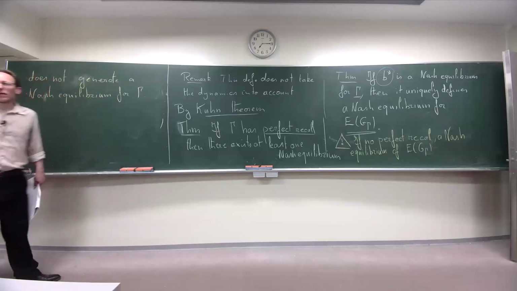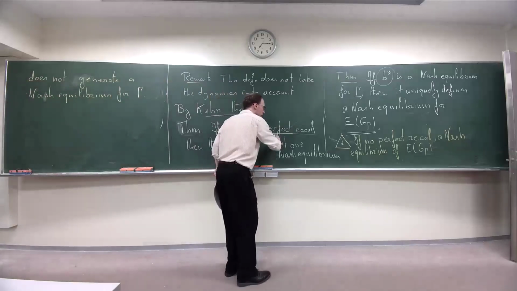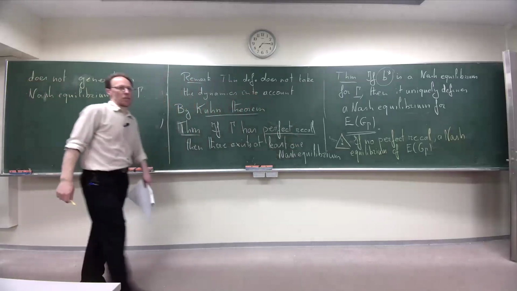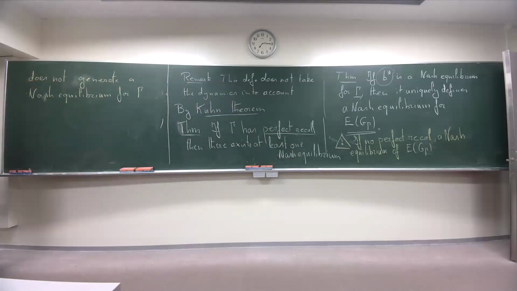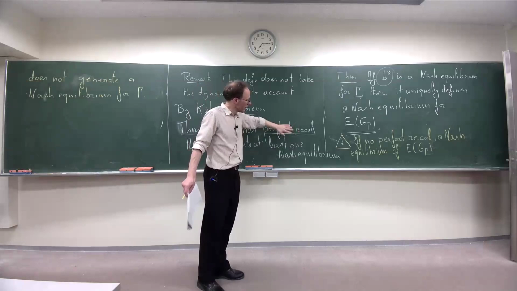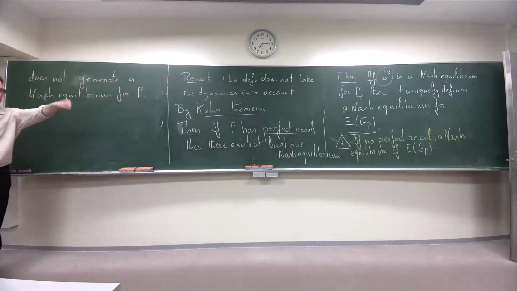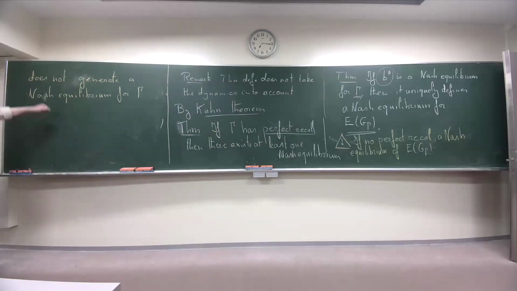And this is clear, because if not, there would be a contradiction in what I'm writing on the blackboard. If any Nash equilibrium of the mixed extension generated a Nash equilibrium for gamma, then I wouldn't need this condition. So this annoying condition means that a Nash equilibrium for a mixed extension does not create a Nash equilibrium for the extensive form game.